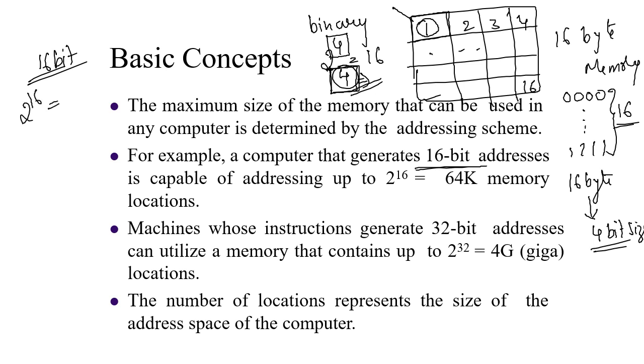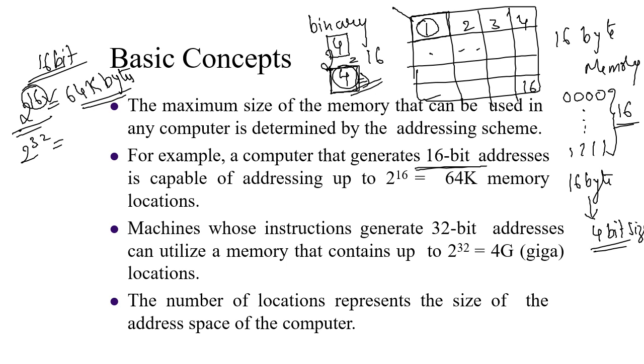So the maximum size of memory that you can interface using 16-bit address lines is 64 kilobytes. In order to interface 64 kilobytes of memory to any processor, the number of address lines required is 16. Similarly, you can have 2 power 32.